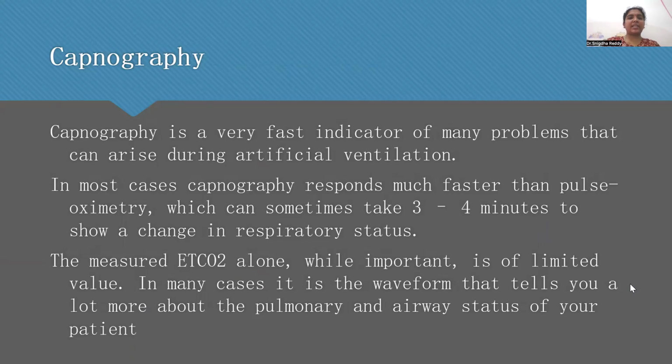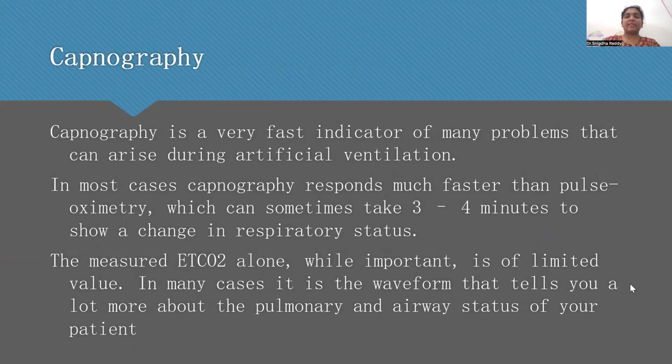Capnography is a very fast indicator of many problems that can arise during artificial ventilation. In most cases, capnography responds much faster than pulse oximetry, which can sometimes take 3 to 4 minutes to show a change in respiratory status. The measured EtCO2 alone, while important, is of limited value.